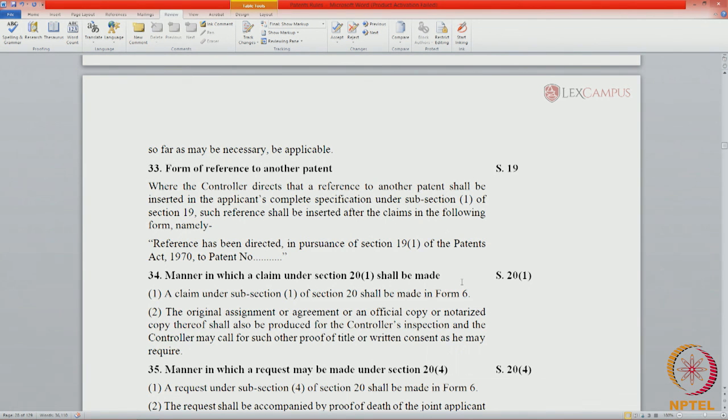That is a point to note, that all references are inserted after the claims, which is the same as we saw in Rule 31. The only difference is that the reference is to a patent number in Rule 33, whereas in Rule 31 it is a reference to an application number. Reference has been directed in pursuance of 19.1 to patent number so and so.